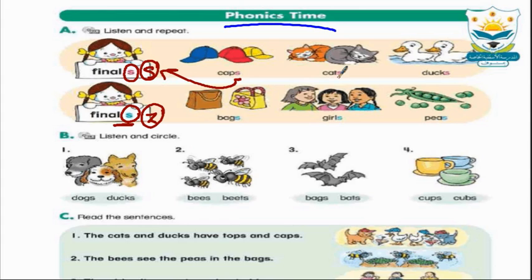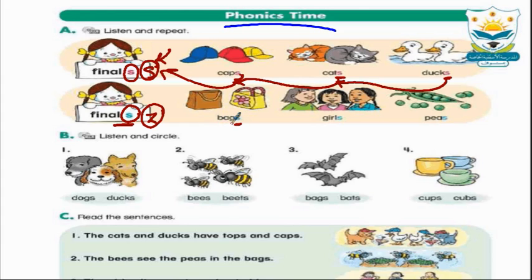Cats, cats, final s and also pronounced s. Ducks, ducks, ducks, final s and also pronounced s, they end with s and are pronounced s as it is. Okay? Other words: bags, bags, bags, ending with s.